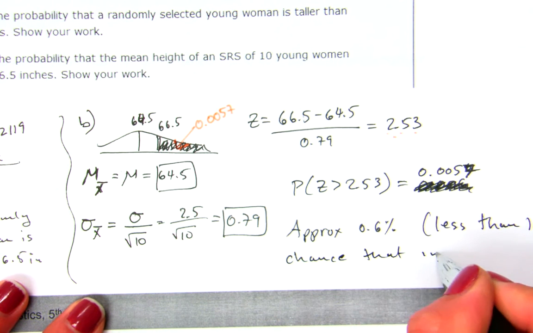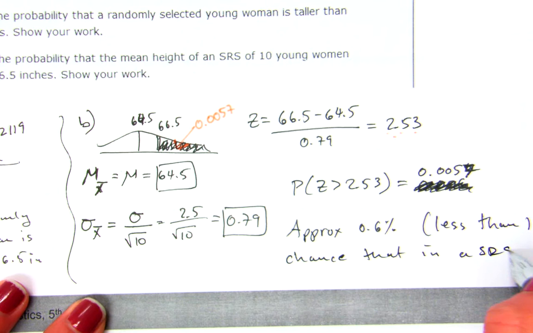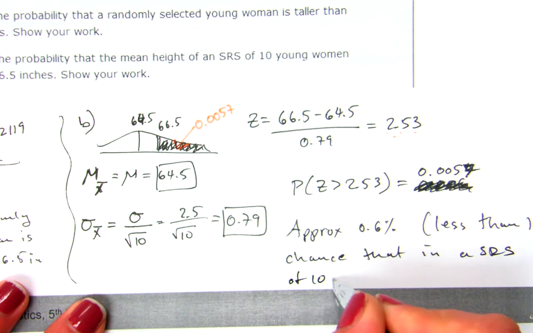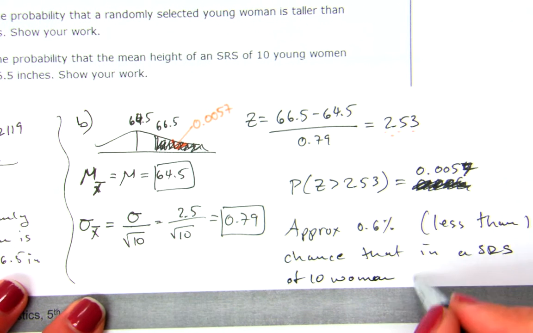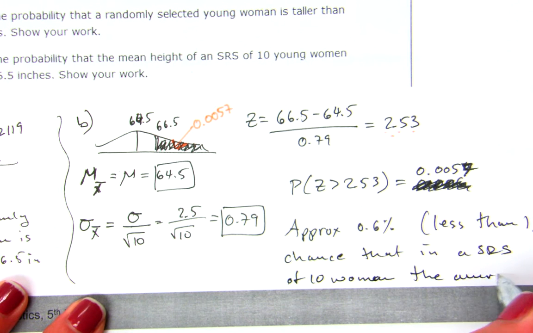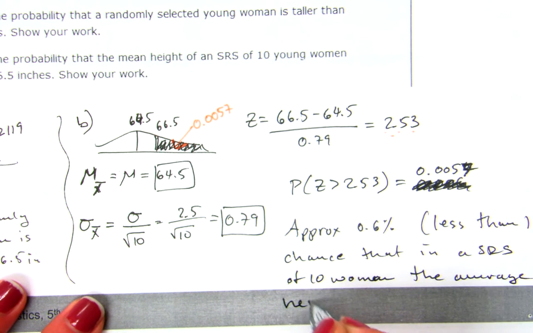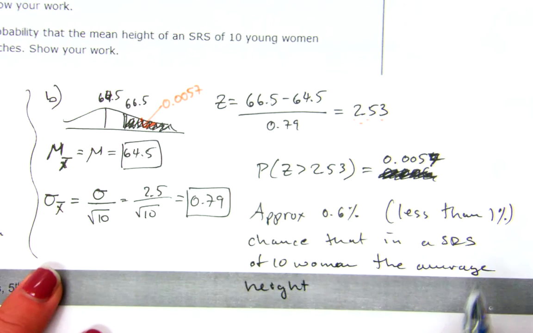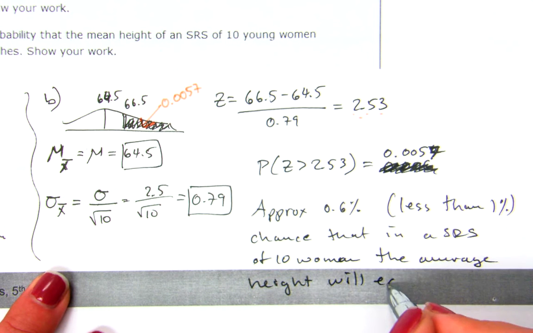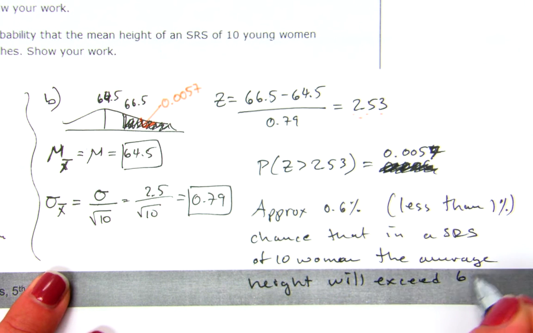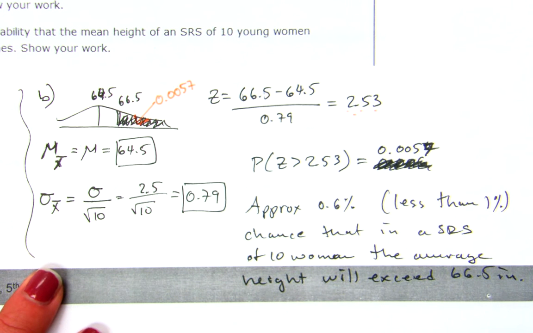that in a simple random sample of 10 women, the average height is going to exceed 66.5 inches, which is probably not very likely.